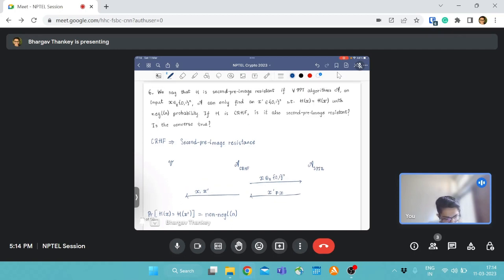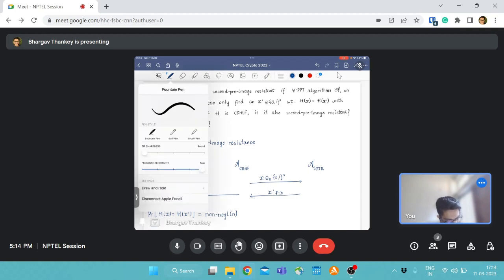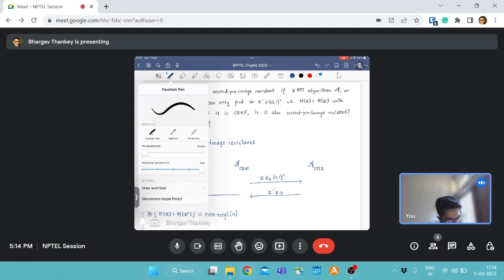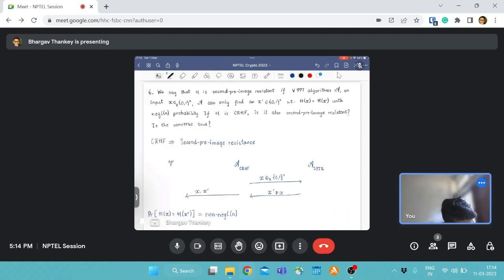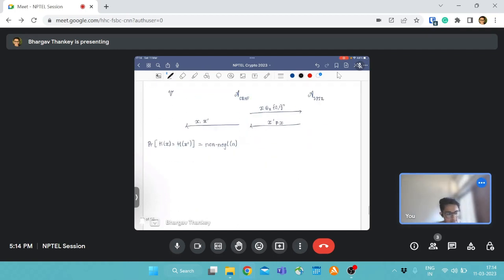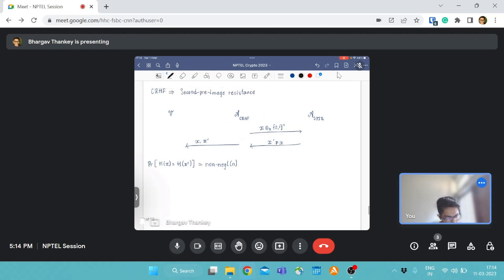I should mention in the question that x prime is not equal to x. So using an adversary for second pre-image resistance, we can construct an adversary for collision resistance. So this is a contradiction.